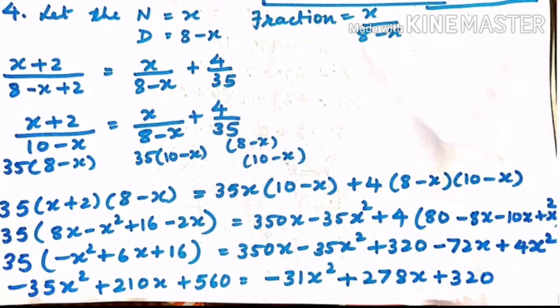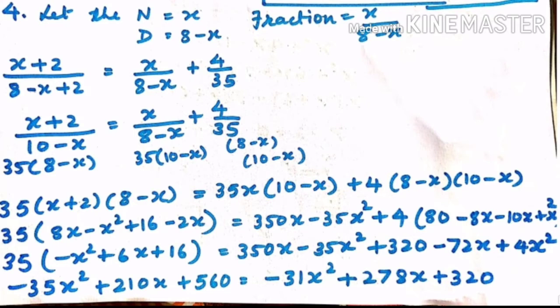And next step we will simplify the brackets, like binomial multiplication of the brackets. 35, then in the bracket 8x minus x square plus 16 minus 2x is equal to the right hand side 350x minus 35x square plus 4, again binomial, that is 80 minus 8x minus 10x plus x square.